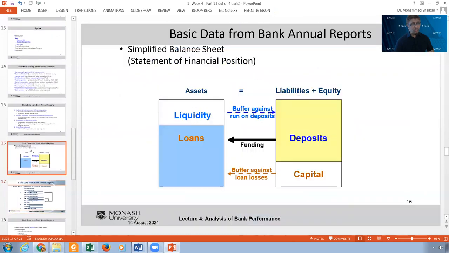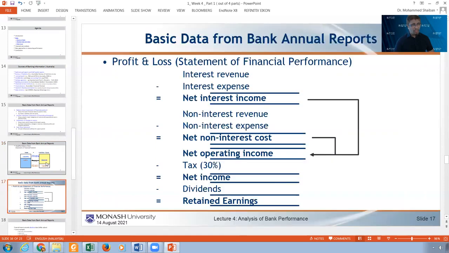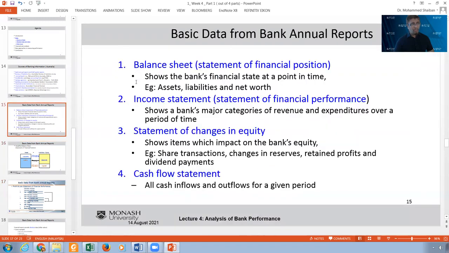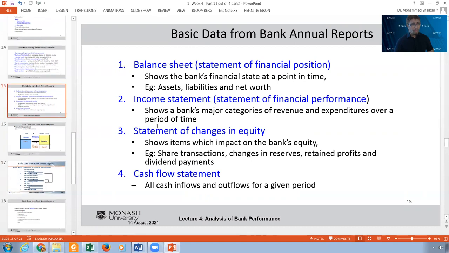So this is the information from the balance sheet, as I said, and this is the information from the income statement. This is when we talk about the first part, which is the annual report. This is the basic data from bank annual reports.